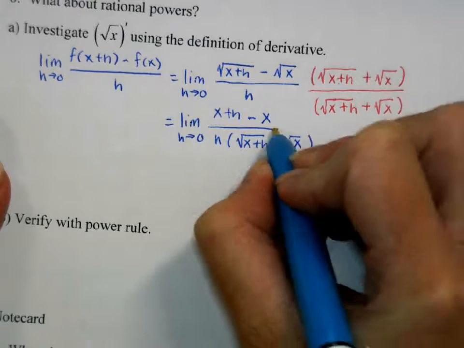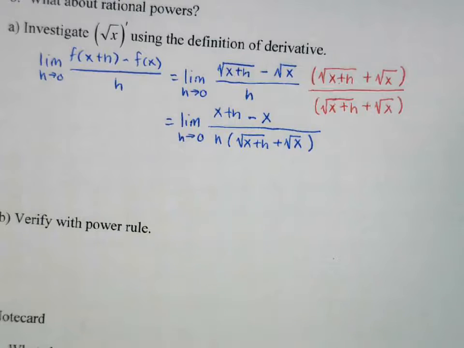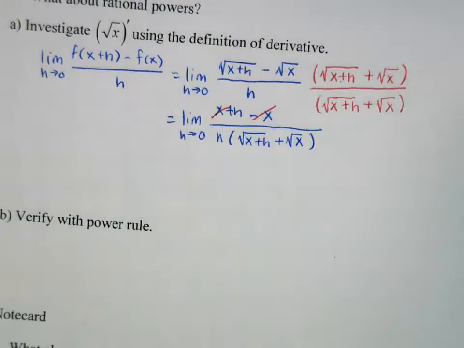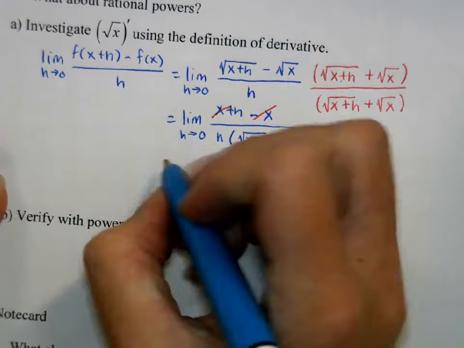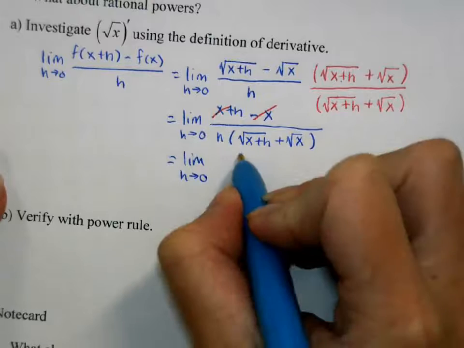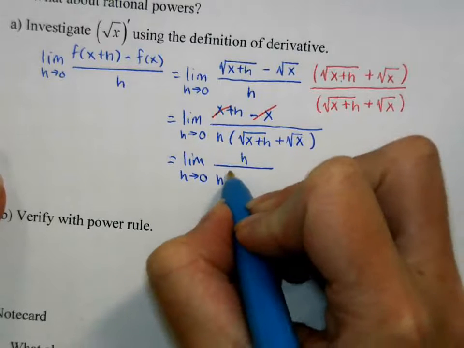Okay, the x's cancel here. Okay, and now I have an h. On the top, I just have h. On the bottom, I have h times the square root of x plus h plus the square root of x.